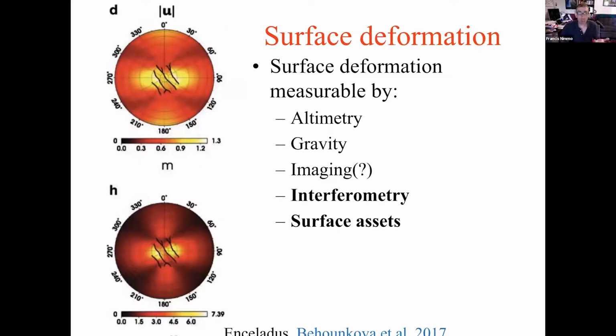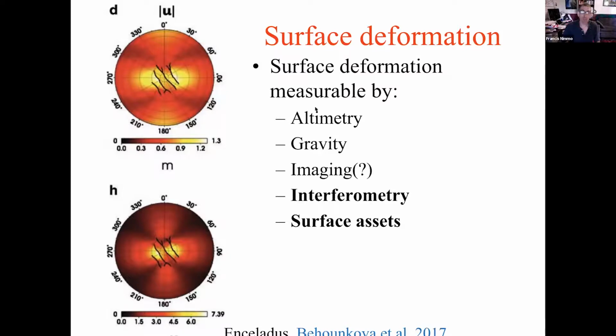So you can go ahead and predict what the surface deformation should be like. These plots here are for an example on Enceladus. You can see that if we assume spherical symmetry, then the deformation is of order a meter or so. Whereas if you allow the material properties to vary and you make the south pole weaker, then the amplitude of the deformation can get larger locally.